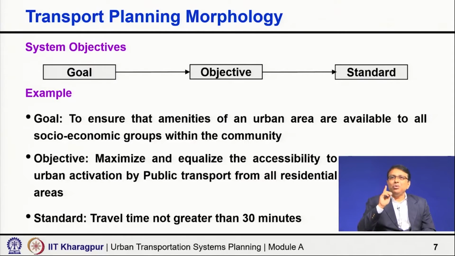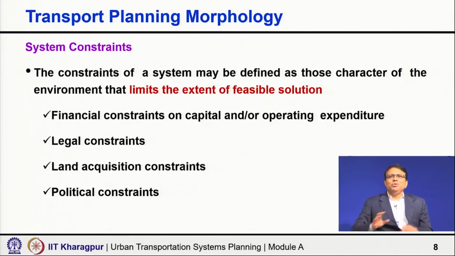So, defining the objective clearly for any kind of transport problem, what you are trying to solve, is very, very important. We think that it is almost obvious, but believe me, that is the most challenging task. Next is, we must understand what our constraints are.